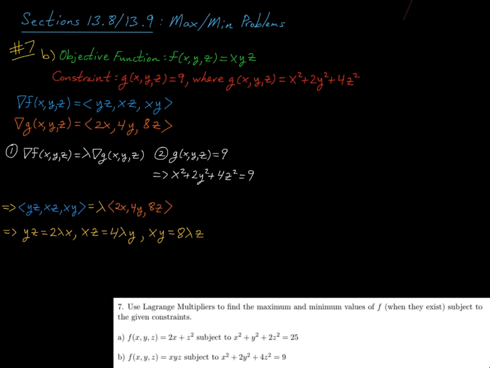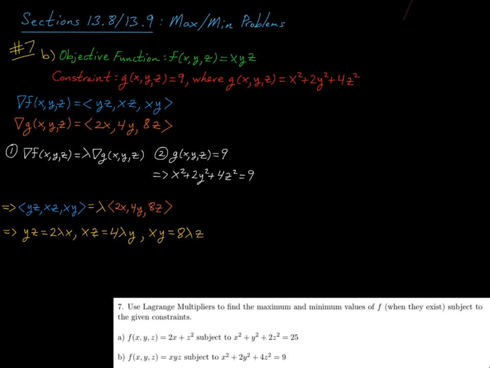All right, so now I'm going to do something that was sort of similar to something I did back in question 6, part B. Notice here in these equations I have a 2 lambda x, a 4 lambda y, and an 8 lambda z. And then on the left side I have a yz, an xz, and an xy.